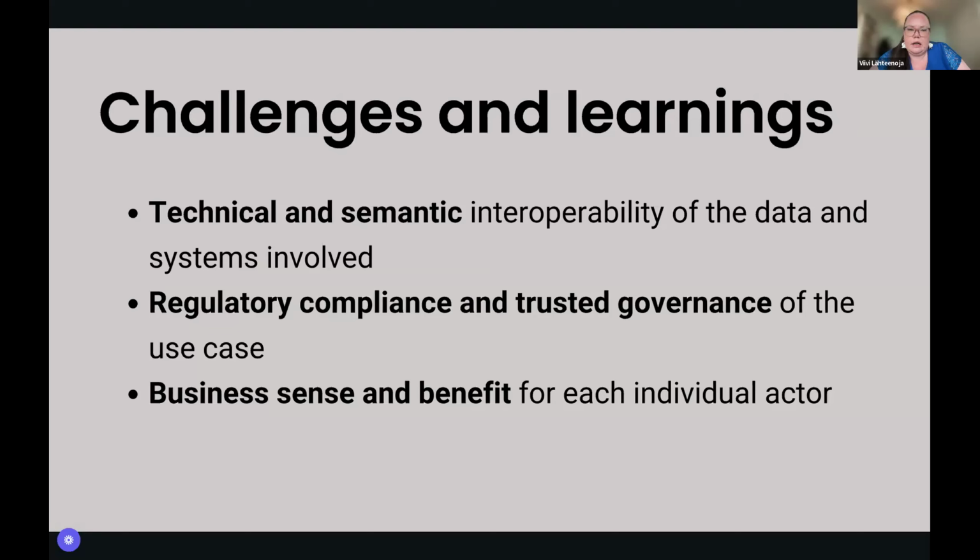And finally, obviously, this needs to make business sense. This needs to benefit each individual actor, for the use case as a whole to make any sense. So I'll talk you through each one of these three types of challenges and results and learnings next.